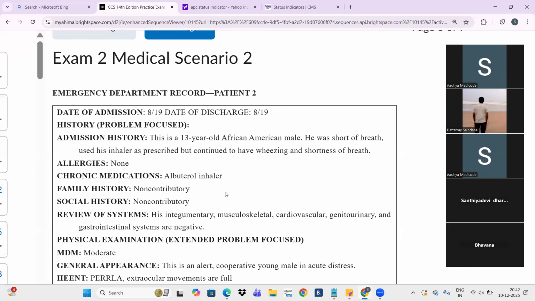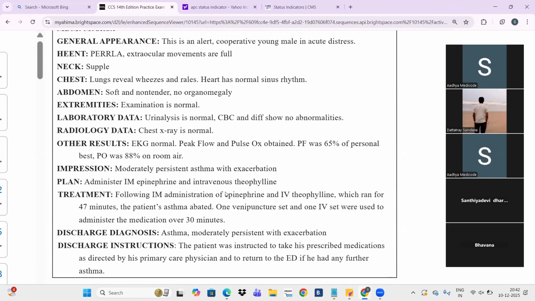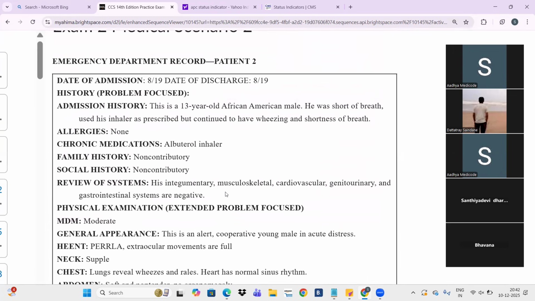See here, this is a 13-year-old African American male. He had shortness of breath, used his inhaler as prescribed but continued having wheezing and SOB. This is the admission. What condition did they document? Moderately persistent asthma with exacerbation, and administered IM epinephrine and intravenous theophylline. So what is the PDX here?